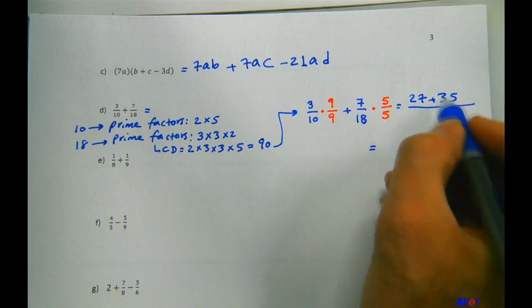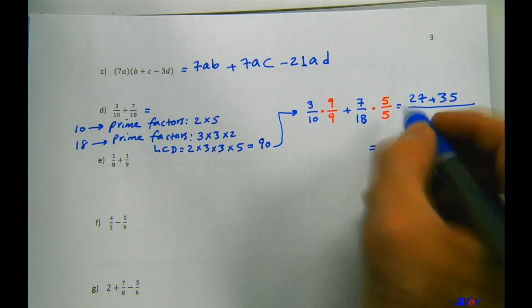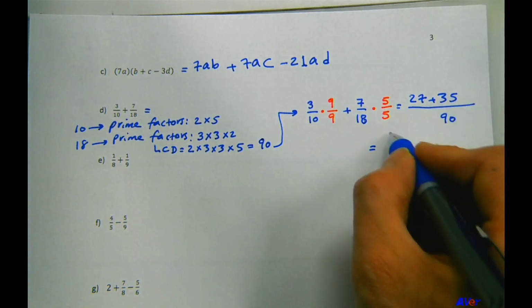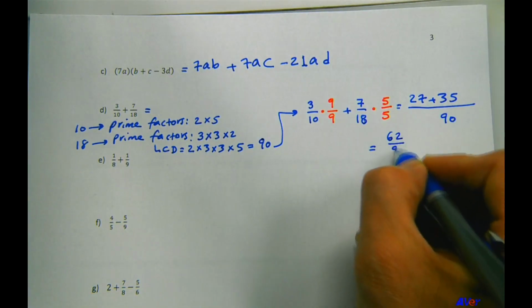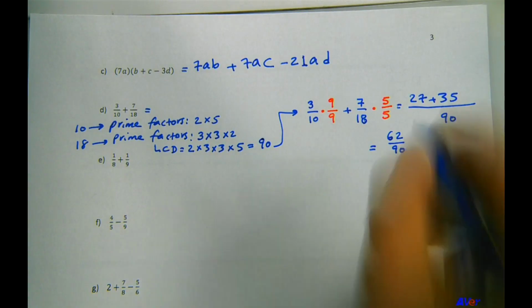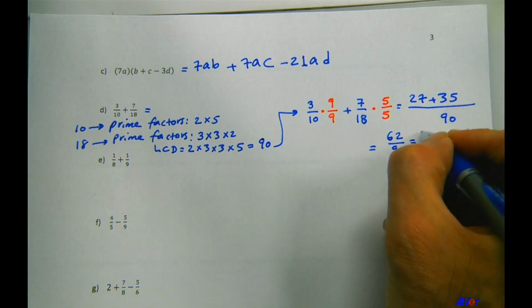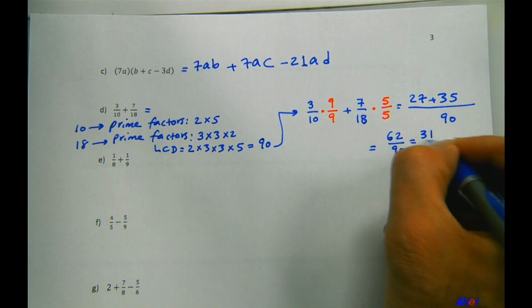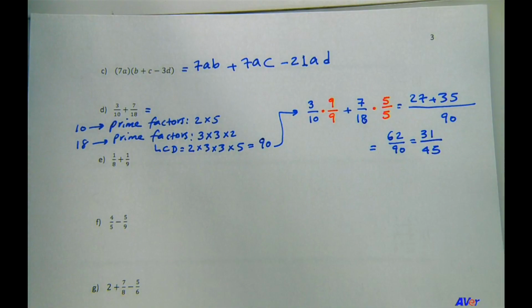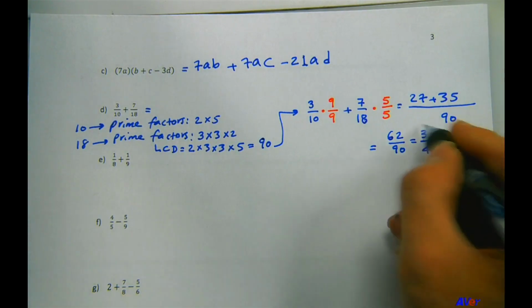So adding those terms in the numerator, we have 27 plus 35, 62 over 90. Can we simplify this? Sure. We can simplify this with 2 as a common factor. So we get 31 divided by 45. Okay, and that is the final answer here.